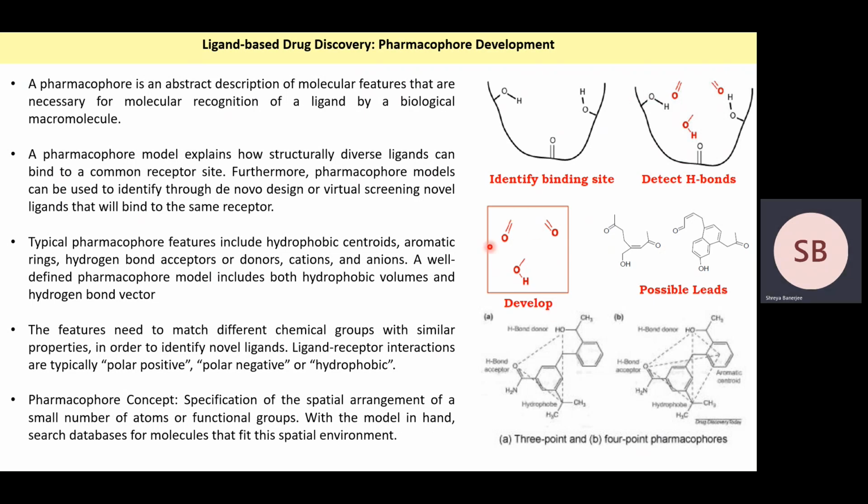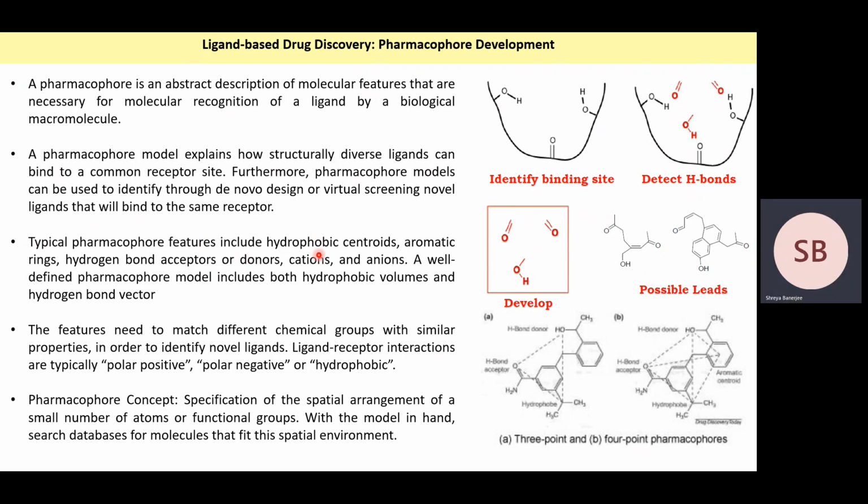Now, chemical compounds which contain this pharmacophore are possible leads. Two examples are shown here of chemical compounds which have 2 carbonyl groups and 1 hydroxyl group oriented in this kind of trigonal orientation. So these molecules are the possible leads.